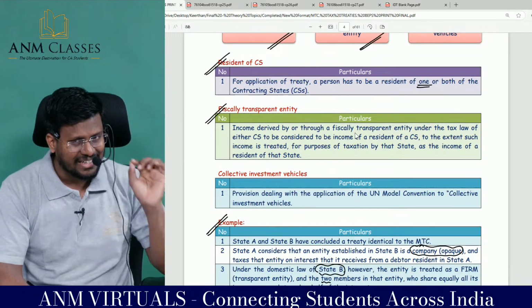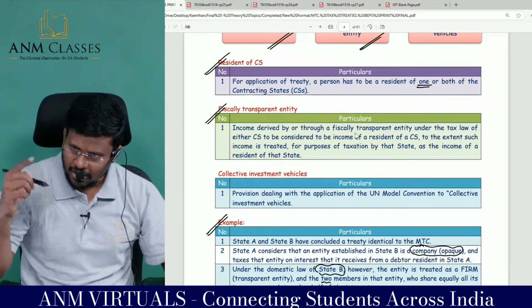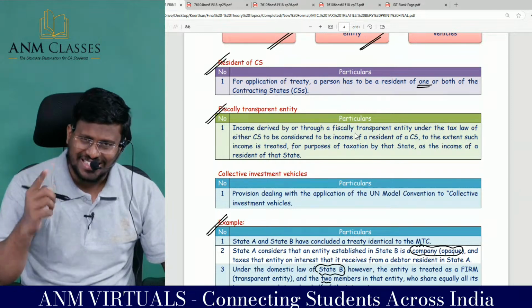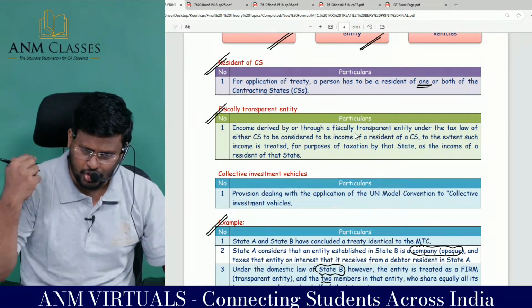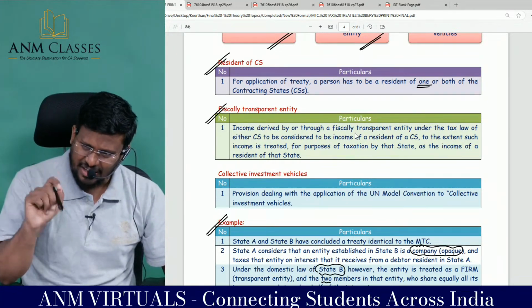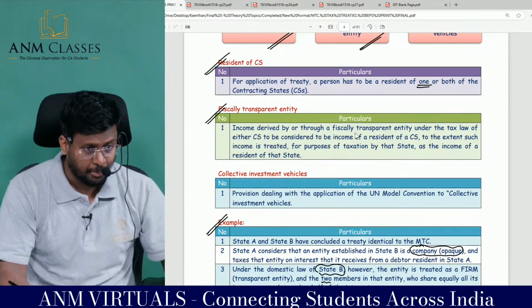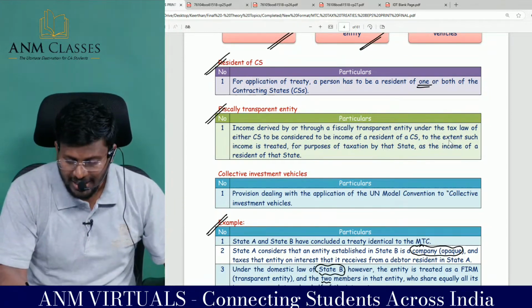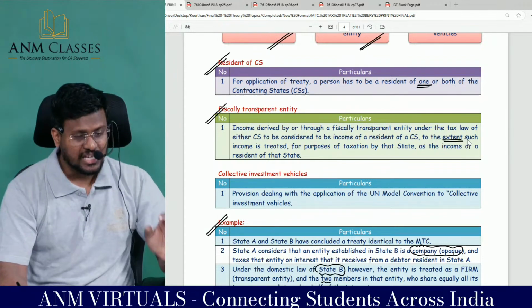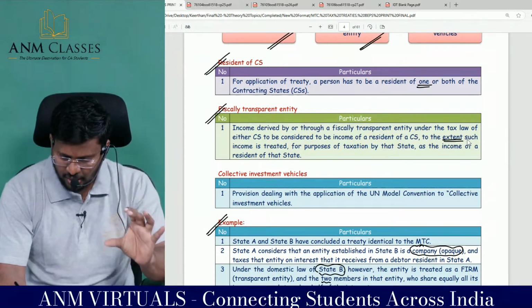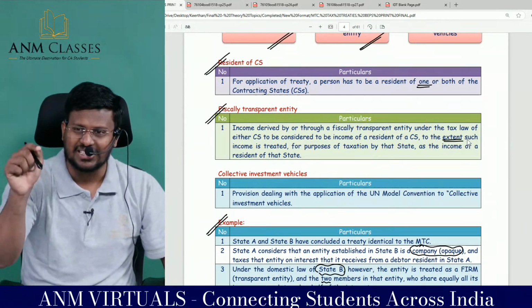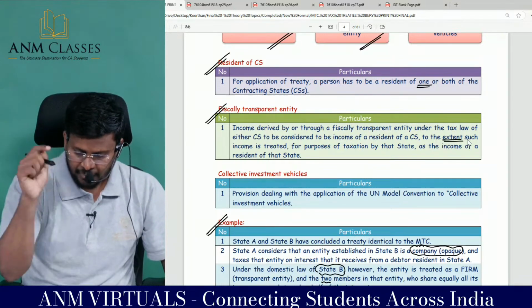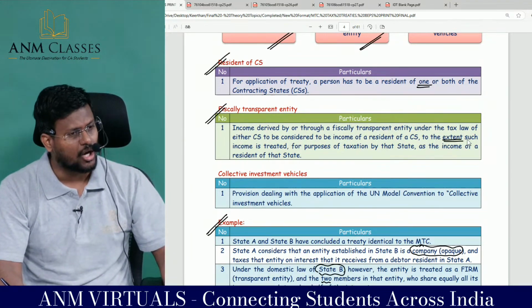So the interest received by the partnership firm will be treated as the income of a resident of the contracting state. But to how much? To the extent such income is treated for the purpose of taxation by that state as the income of a resident of that state.